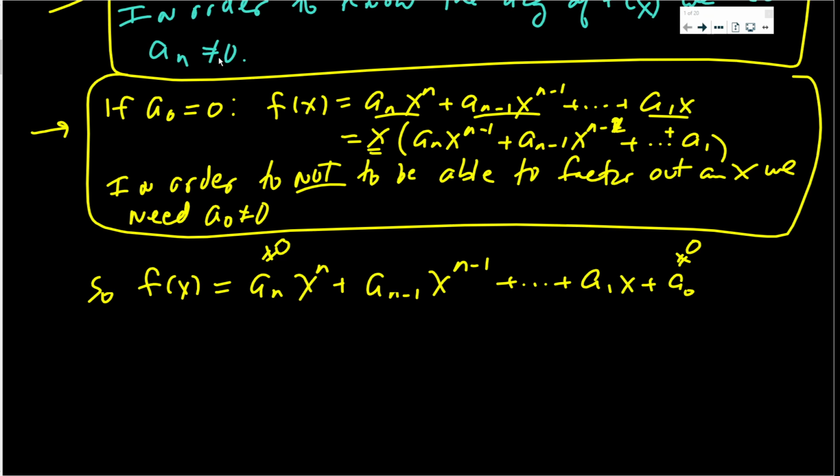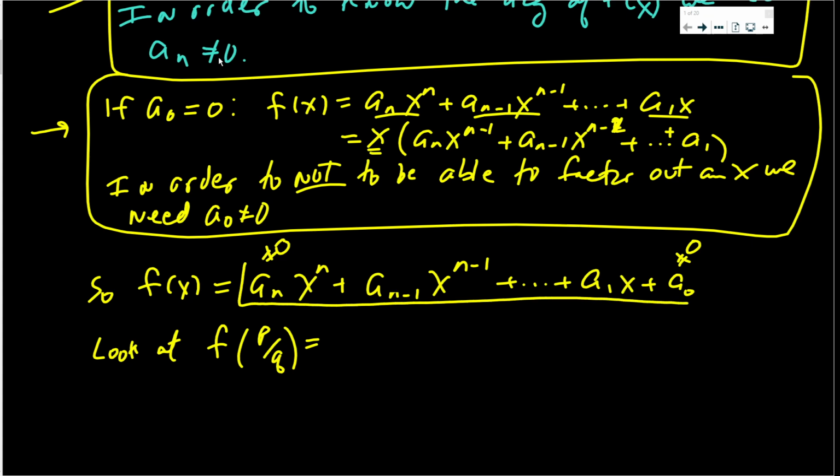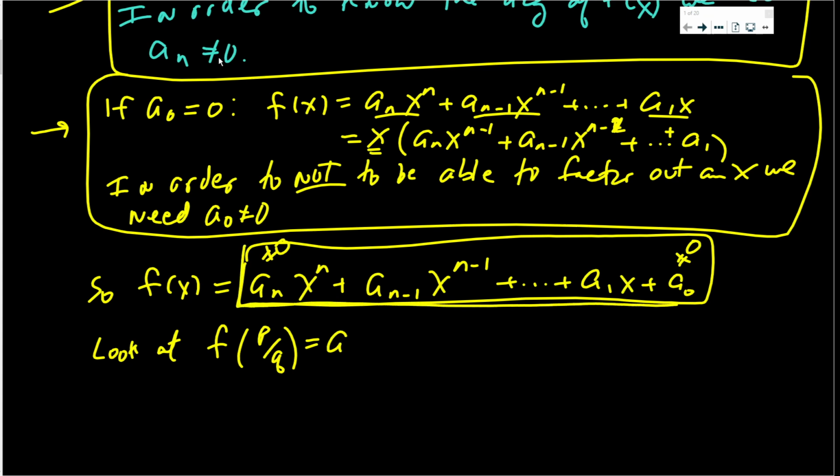So now, let us look at f of p over q, which is a root, a zero. I'm going to write this down, but instead of x, I'll write p over q in parentheses.